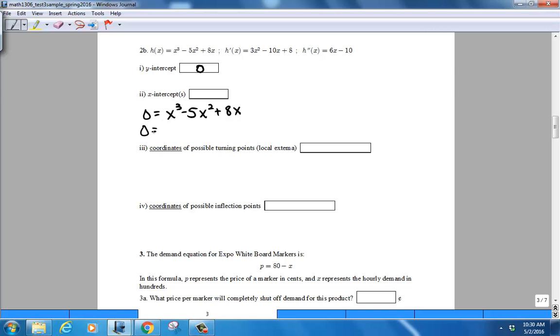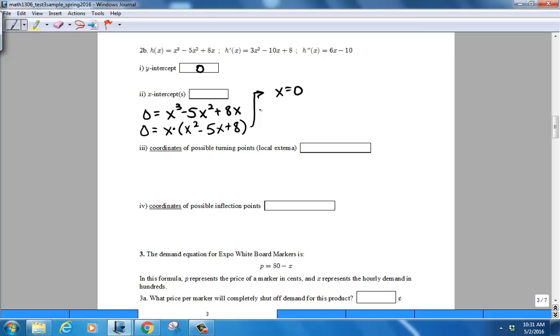You can start by factoring an x out of all of these terms, so you get x times x squared minus 5x plus 8. Now you can set both of these factors to 0, because here you have a product, and the only way this product is going to be 0 is if either x is 0 or x squared minus 5x plus 8 is 0.